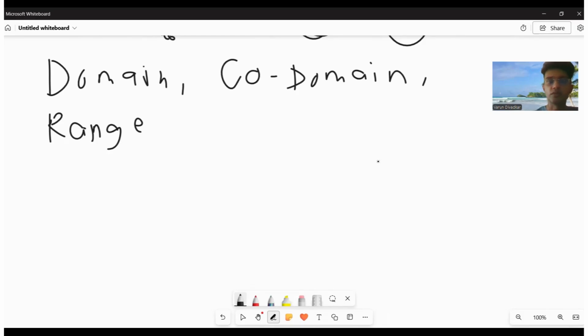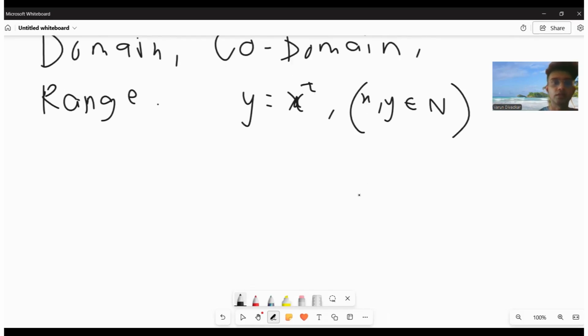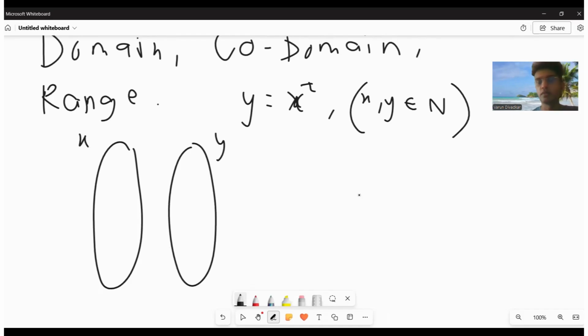Let's take the same function, y equals x squared, where x and y both belong to natural numbers. That's the constraint here. This is your x and this is your y. It's given that y and x can both belong to natural numbers.